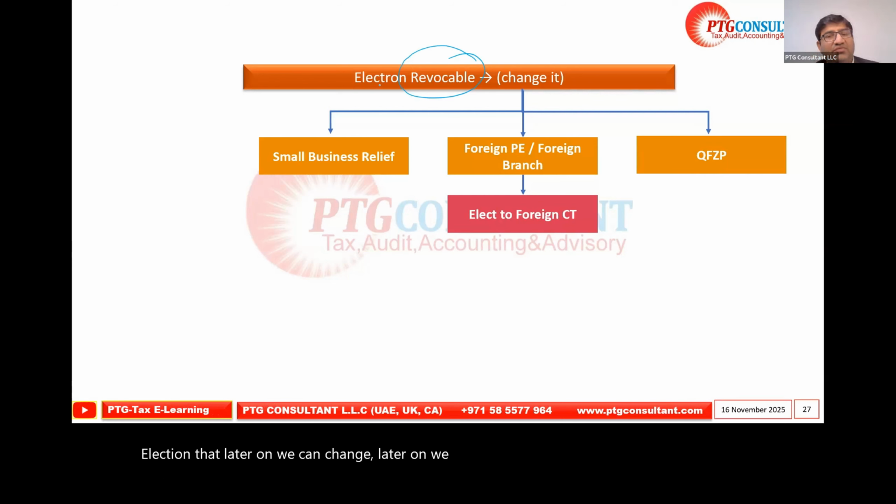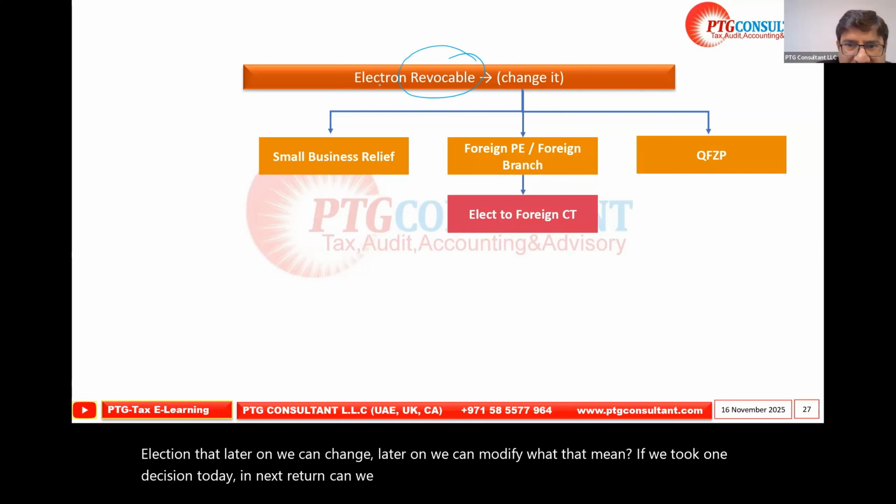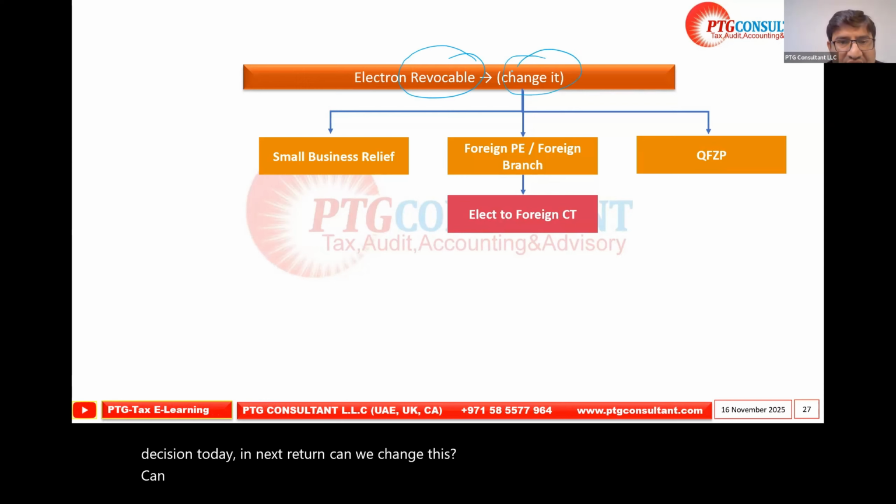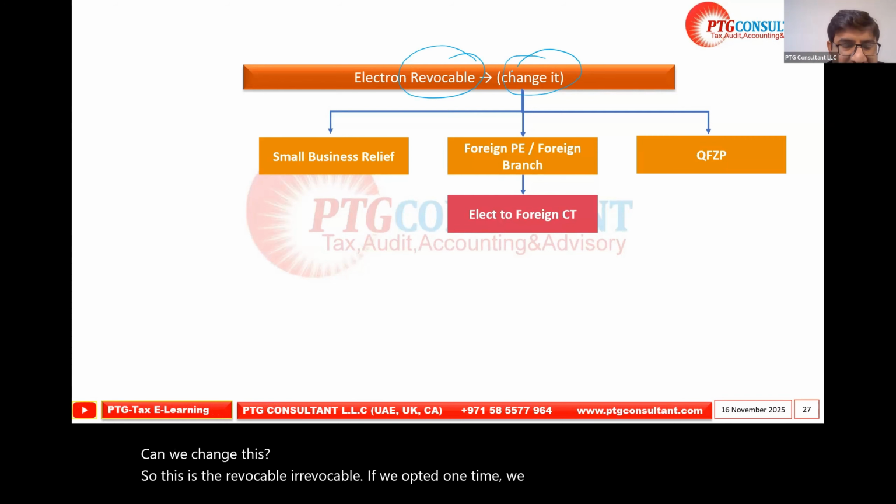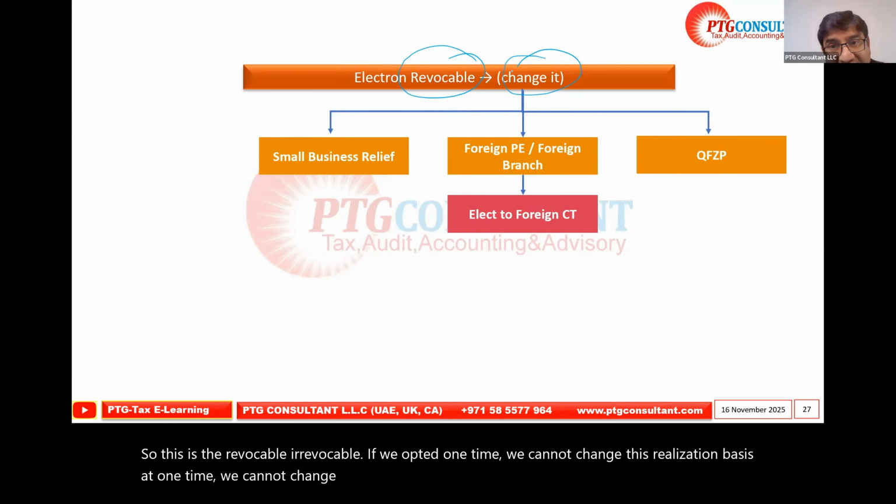What does that mean? If we took one decision today, in the next return, can we change this? So this is revocable. Irrevocable, if we opted one time, we cannot change. This realization basis is one time, we cannot change later on. But now in election, we are understanding which elections can be changed.